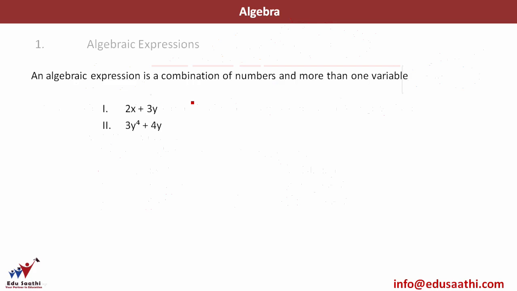Let's look at two algebraic expressions, 2x plus 3y and 3y raised to power 4 plus 4y. Now if I look at this, there are two variables, x and y. X raised to power 1 and y raised to power 1, they are in plus. So the power is 1 and the power is 1.